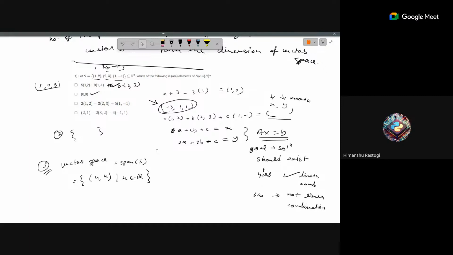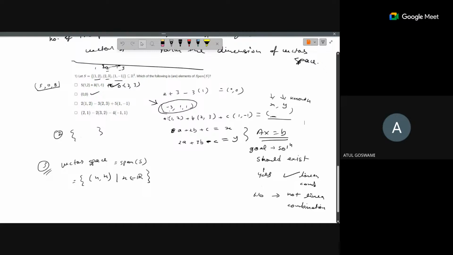So we multiply each of the vectors with a different constant and add them. So we do a times this, b times this. That is what we have done here also. But now we are solving it for a particular option. Here we will just take the linear combination of these three.